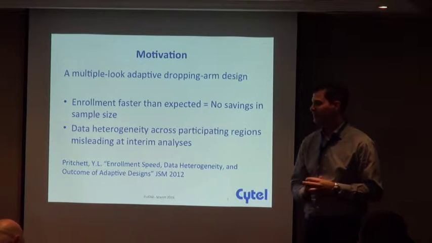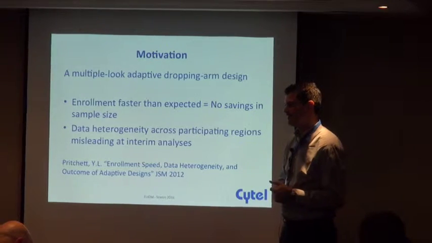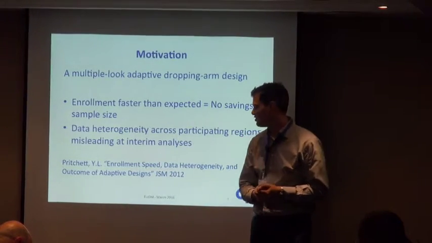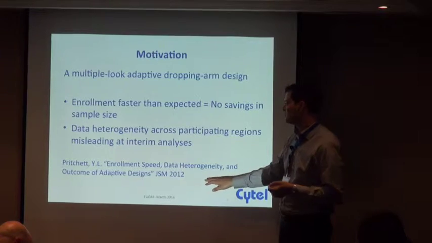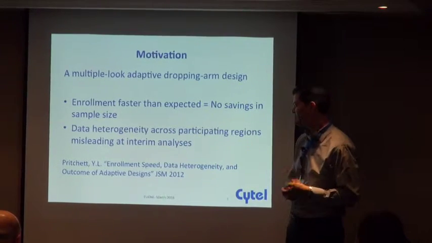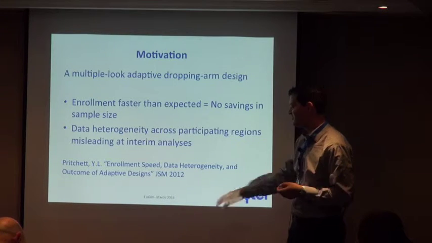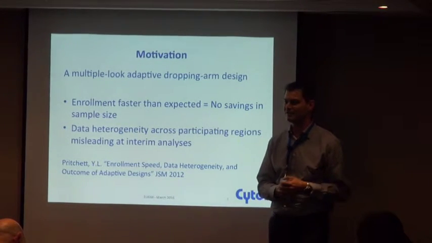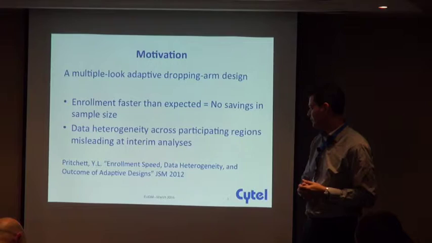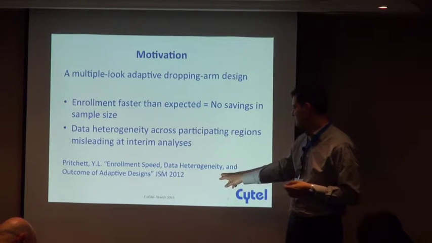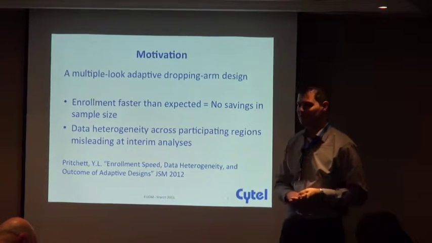So this is a first motivating example. This was a talk given by Yili Pritchett of AbbVie, now at MedImmune, in 2012. So a few years back, she gave a talk on enrollment speed, data heterogeneity, and outcome of adaptive designs.